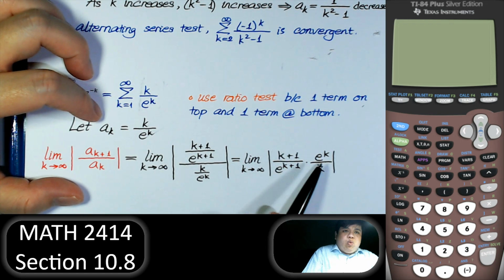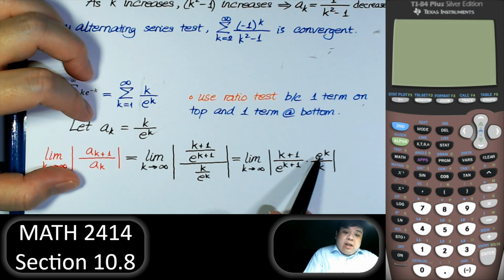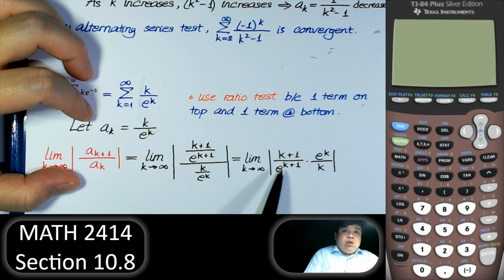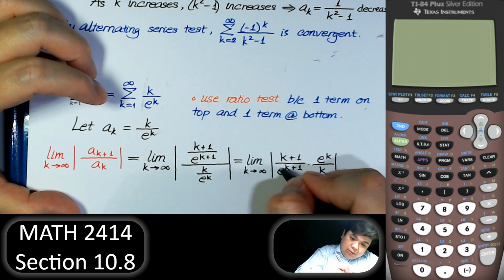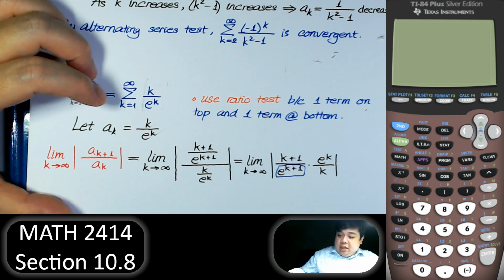Now, k plus 1, k cannot really do that, but e to the k plus 1, this one we can break down into e to the k times e.